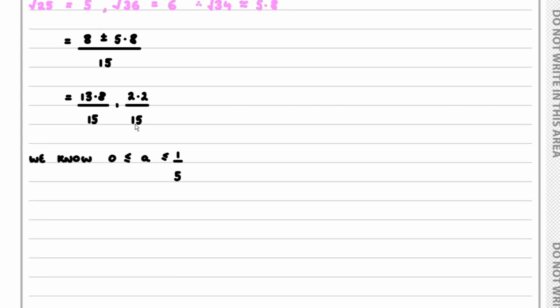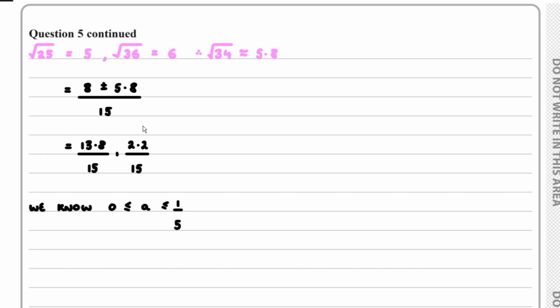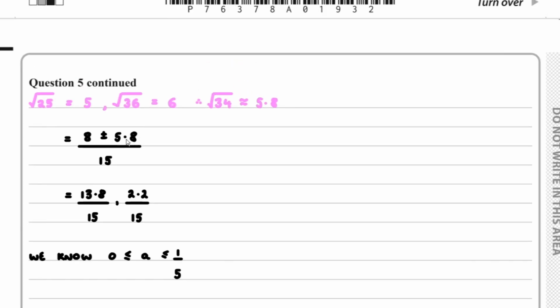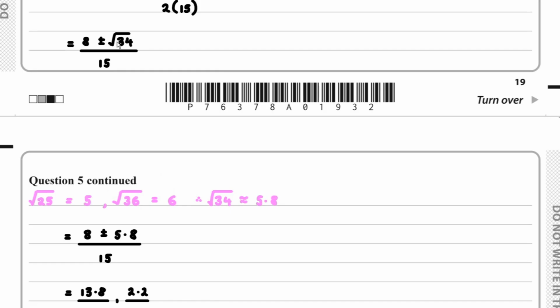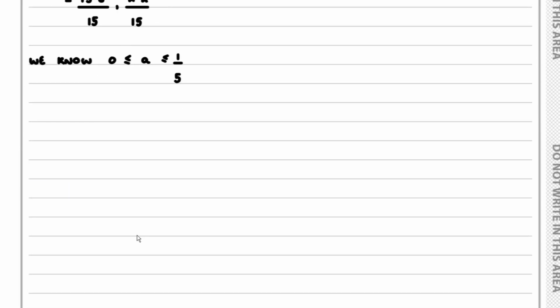So this 2.2 over 15 is certainly in this interval. So the value we want is this 2.2 over 15. And we got that by using 8 subtract 5.8. So we have to use the negative root 34, meaning A will equal 8 subtract root 34 over 15.